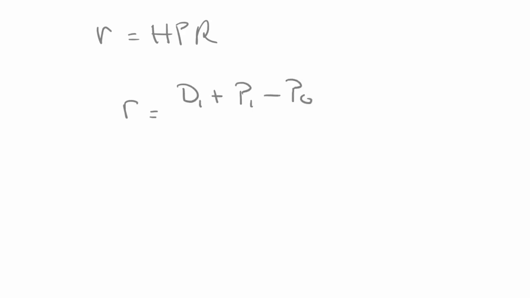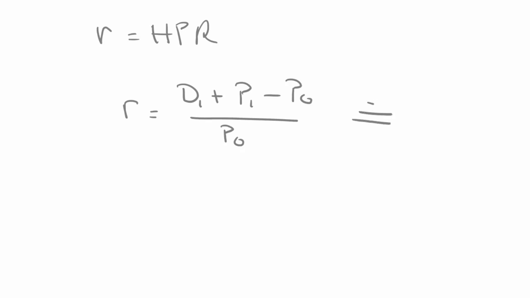So let's just use the notation R for holding period return. So then, note, we have R, we just wrote, equals D1 plus P1 minus P0 over P0.